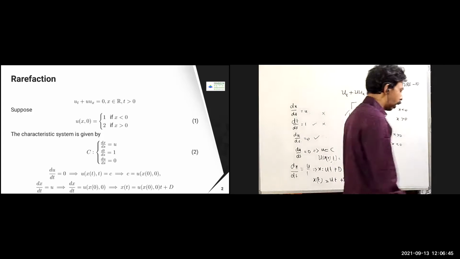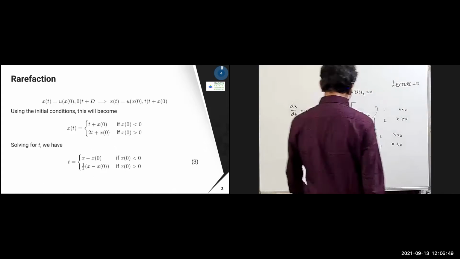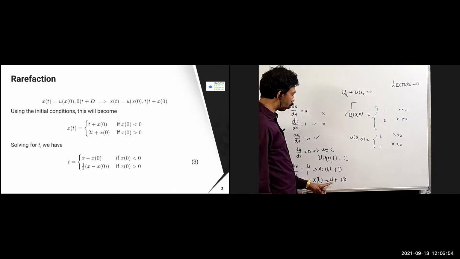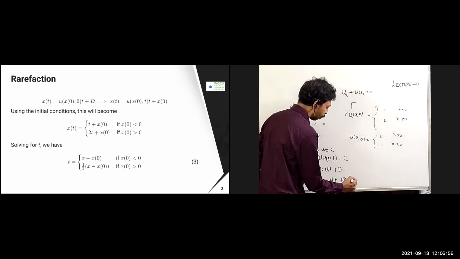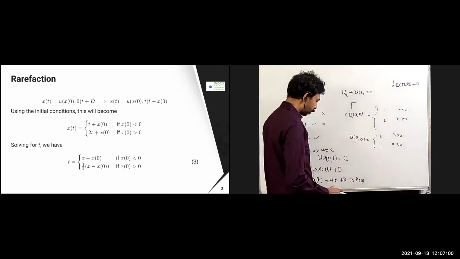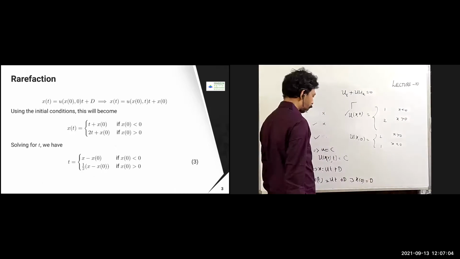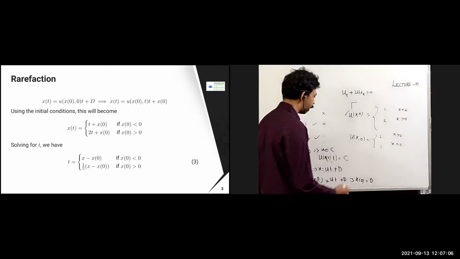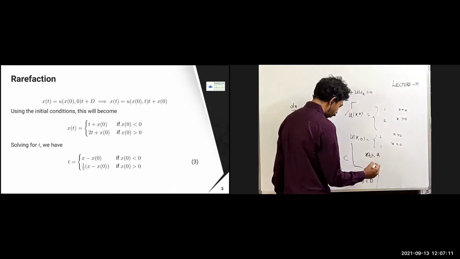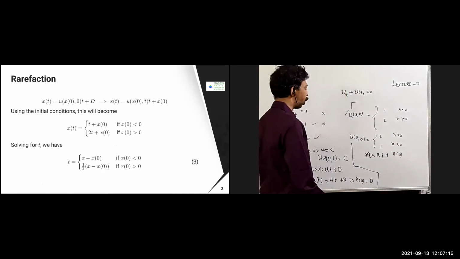At t equal to 0, x(0) is some value, and that gives d equal to x(0). Therefore, I can write x(t) equal to ut plus x(0).